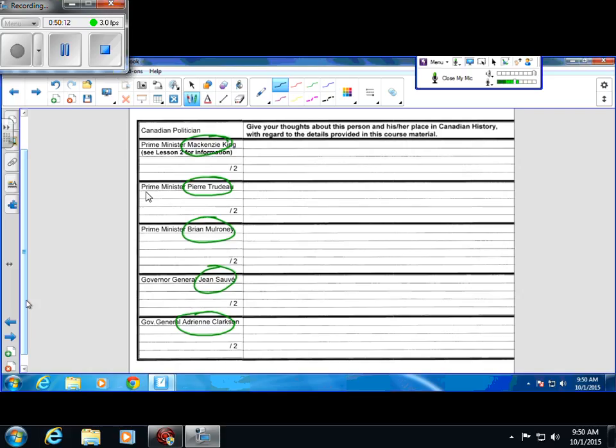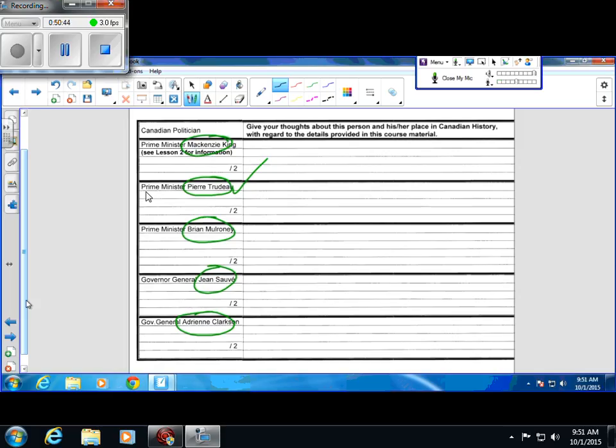Mackenzie King we talked about back in lesson 2, so make sure you refer back to your materials. Basically the question is asking you to give your thoughts on this individual. For example, Trudeau: it could be, I think Trudeau was a mean individual because he decided to use the War Measures Act on Quebec citizens during the Quiet Revolution period.